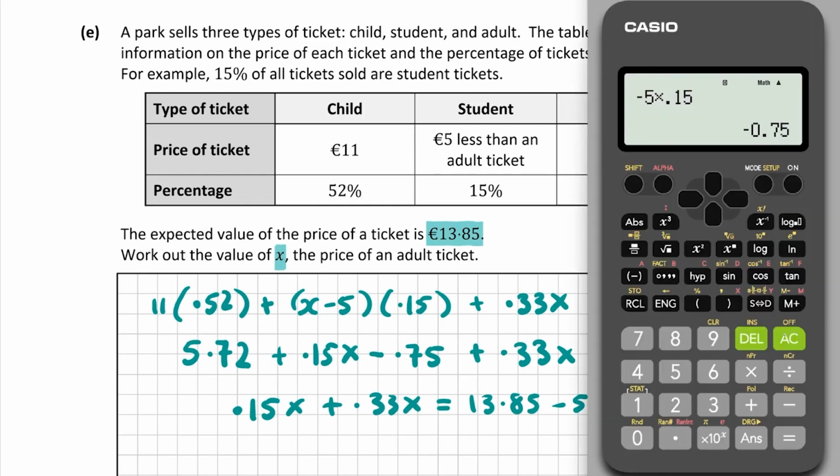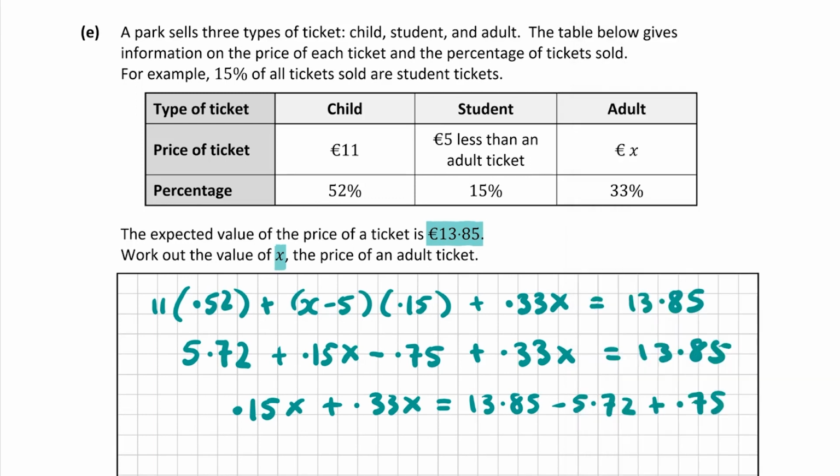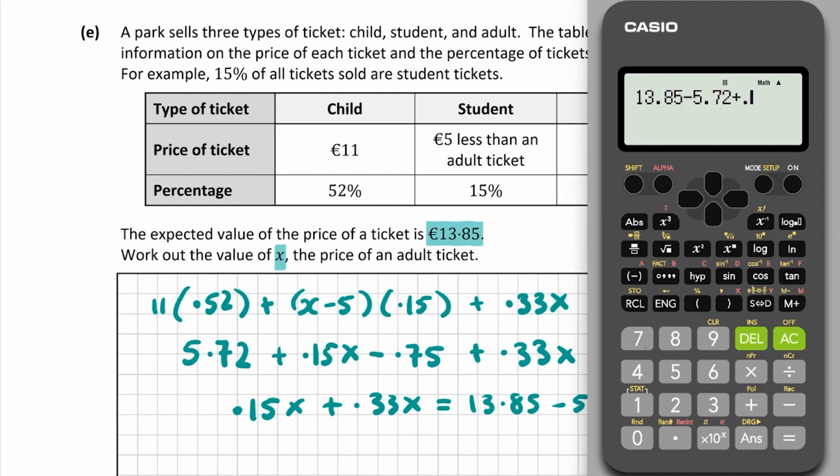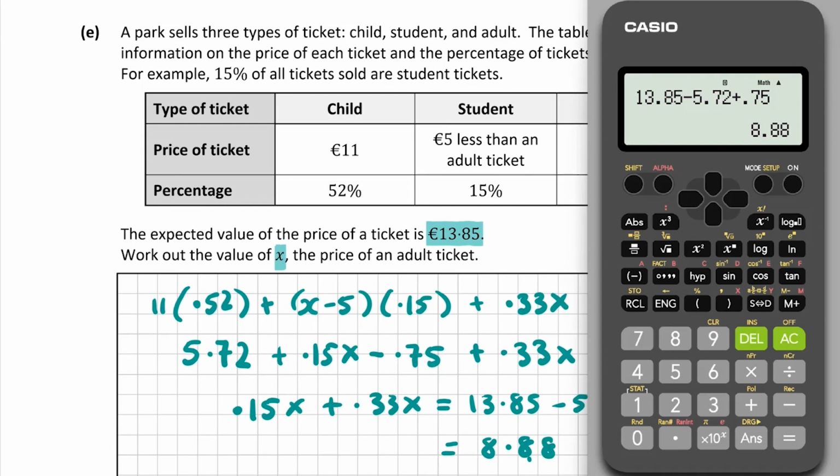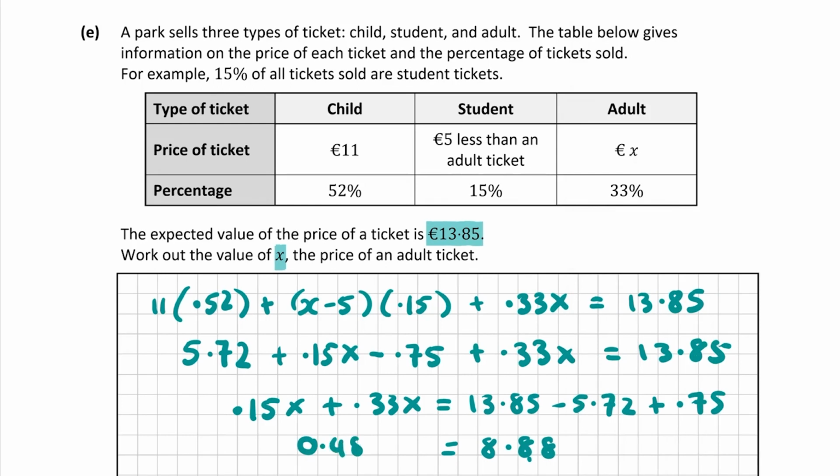So I can add up the right-hand side. We have 13.85 minus 5.72 plus 0.75. That is equal to 8.88. Now what's the left-hand side equal to? 0.15 plus 0.33, that's equal to 0.48x.